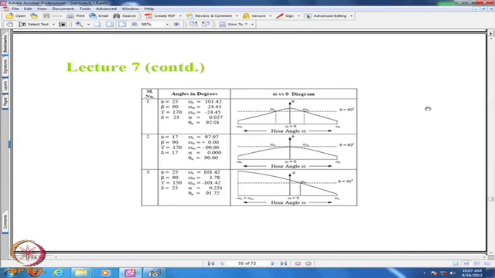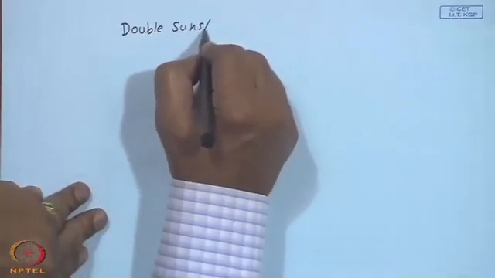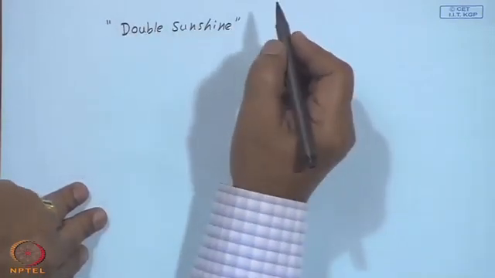Before we go into that evaluation, last time we were talking about the cases of so called double sunshine, that is, the surface receives sometime during the day solar radiation with a no sunshine period in between, and again receives sunshine for certain period.